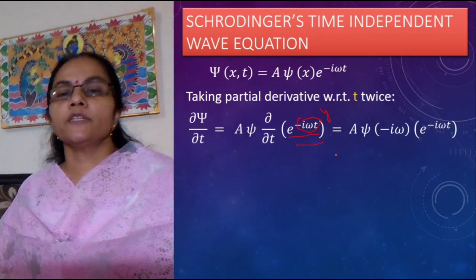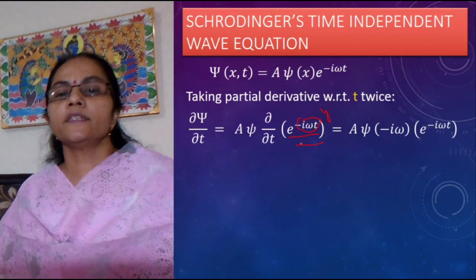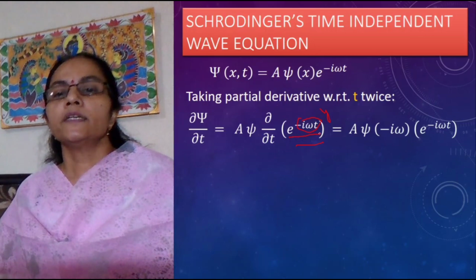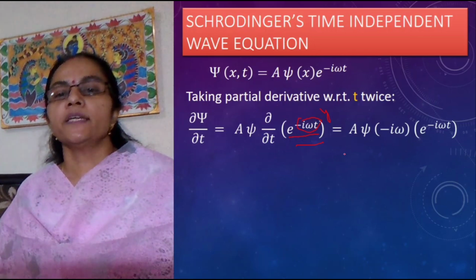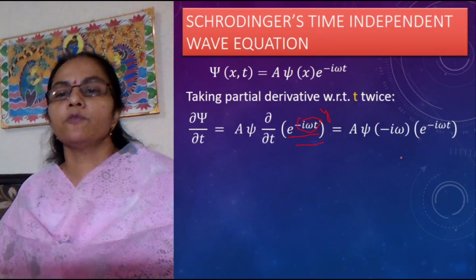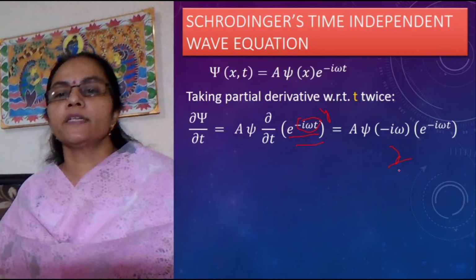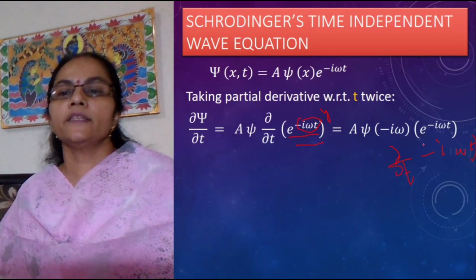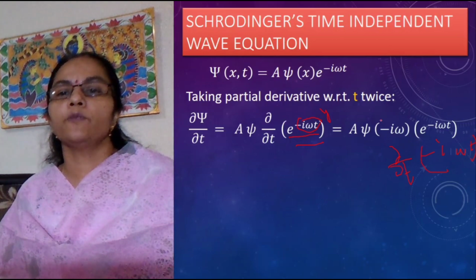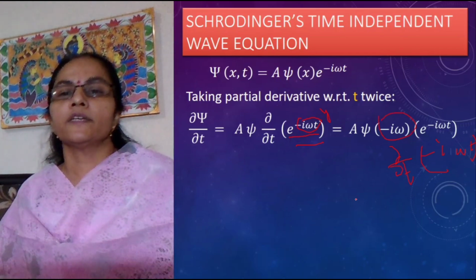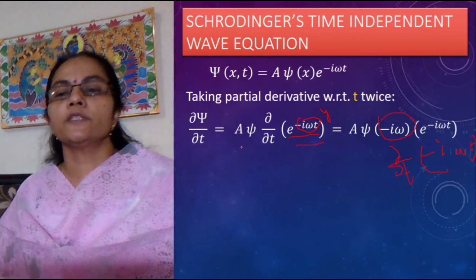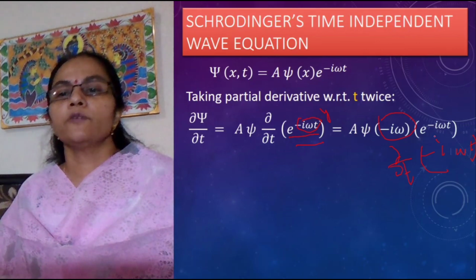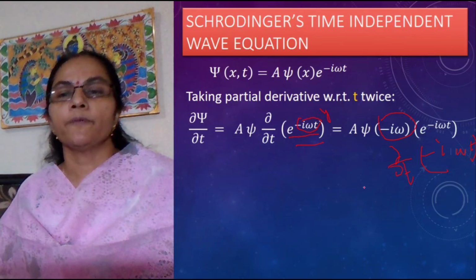By applying the chain rule, I can write this as del t of e to the power y, and del y by del t. That is, e to the power minus i omega t will come, then I have to take the derivative of minus i omega t, which is nothing but minus i omega. So here del psi by del t is equal to A psi minus i omega into e to the power minus i omega t.